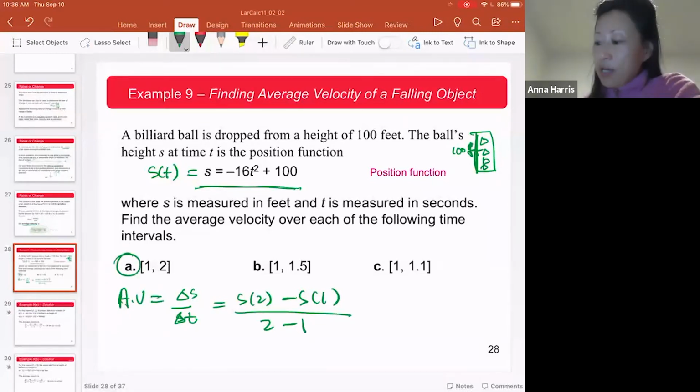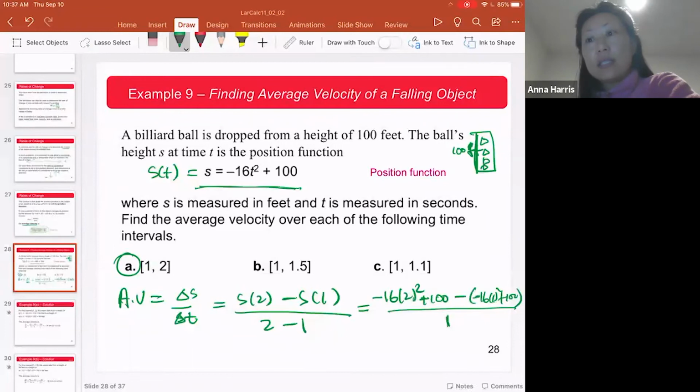So that just means negative 16 times 2 squared plus 100, minus negative 16 times 1 squared plus 100, everything divided by simply 1.